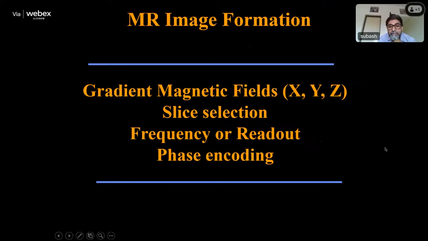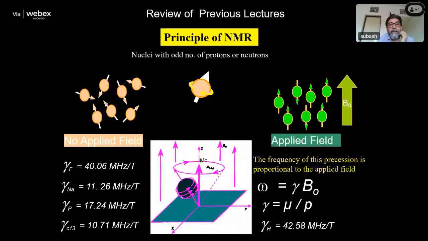So last time we discussed the basic principles, how you get the FID, free induction decay, and we discussed the Larmor frequency and the resonance frequency, omega naught equals gamma B naught.